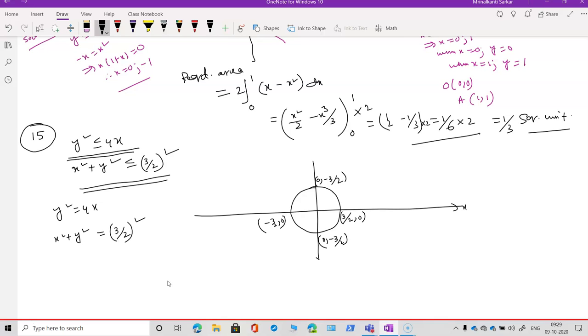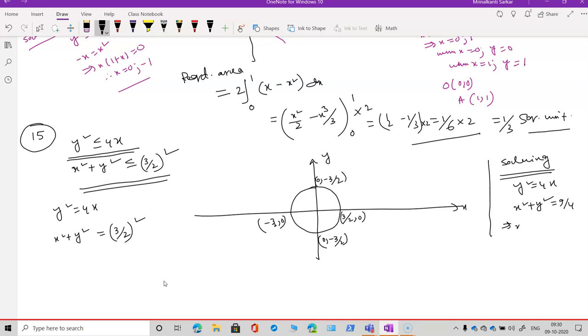Okay. Now, we plot the parabola, but before plotting it, be sure where the point of intersection lies. So it's better if you solve these two equations algebraically. Solving which two equations? Y square equal to 4x and x square plus y square equal to 9 by 4.